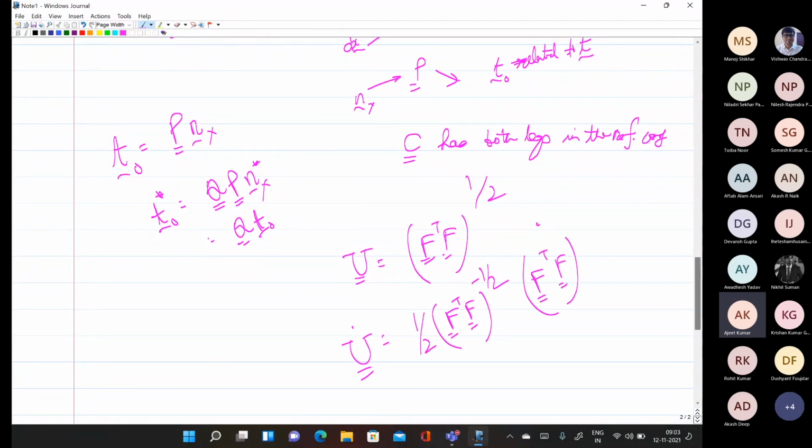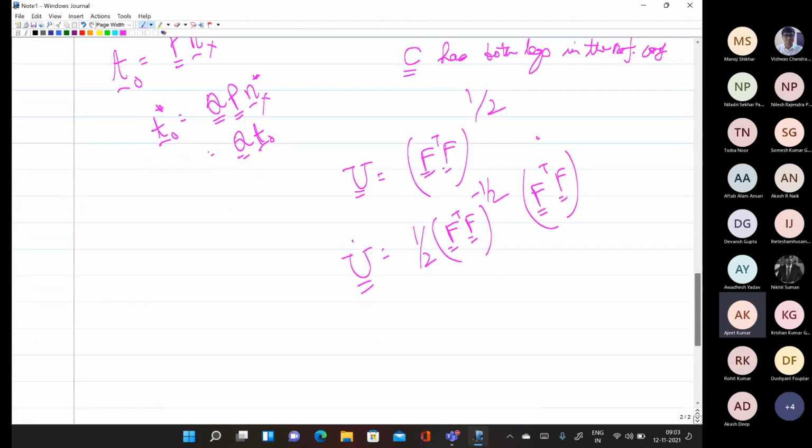Yes, sir. But I'm not sure if you can do that. The main problem was on which side U inverse should be multiplied, and where should this go, on this side or the other side. So you can't do that.